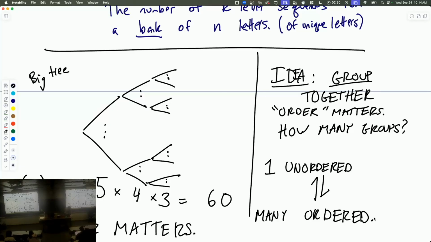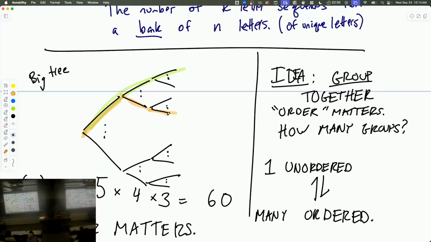So there are many branches on this big bushy tree where the order mattered, where ace, king, queen appears. Maybe there's one over here that is ace, king, queen, and another that is the same hand where the last 2 cards are swapped, ace, queen, king. Those are the same unordered thing, but there are many ways you can represent them as an ordered thing.